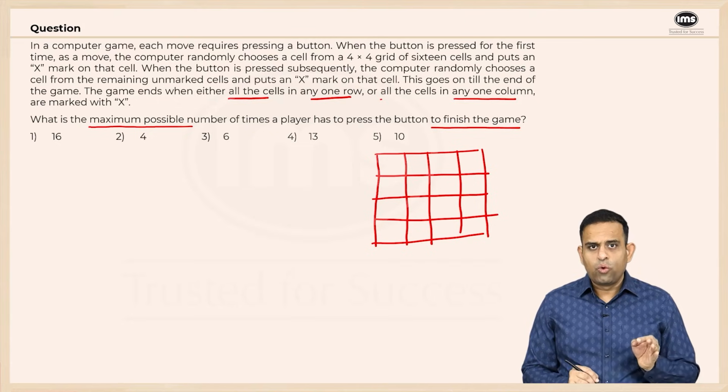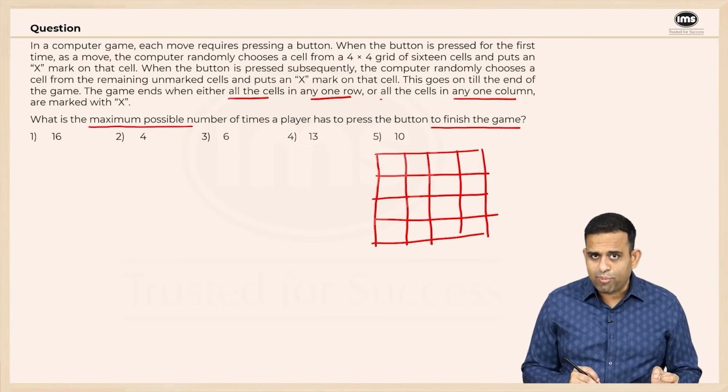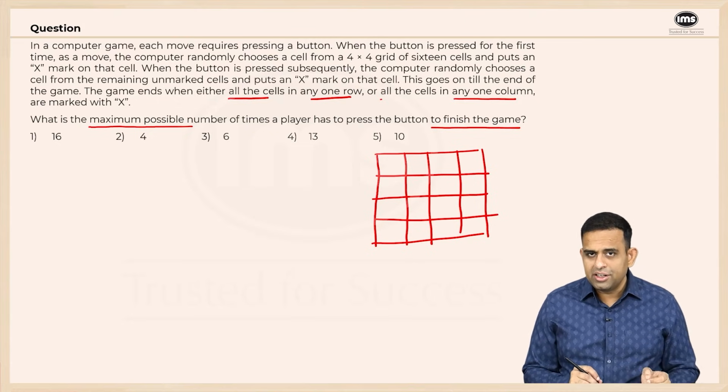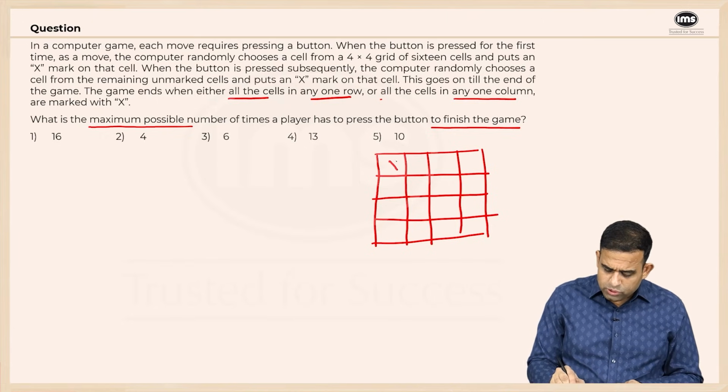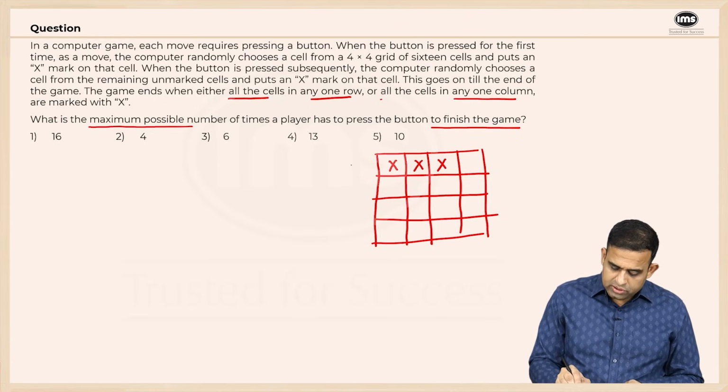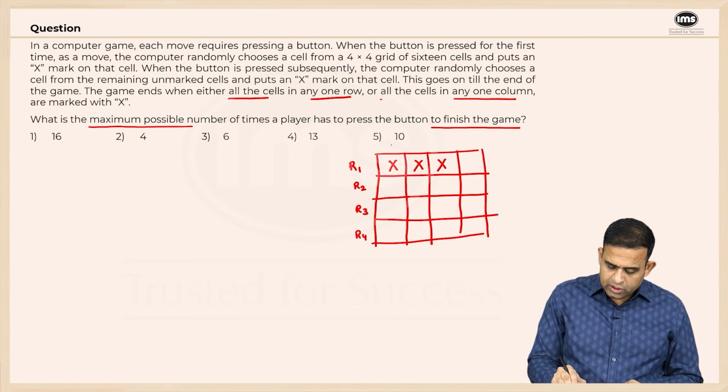As I told you, I want the game not to end as early as possible, so I want to delay the end. Let's say in the first row we have got 3 X's, and those are in the first, second and third column. I just write R1 for representation purposes, R2, R3, R4, column 1, column 2, column 3, column 4.